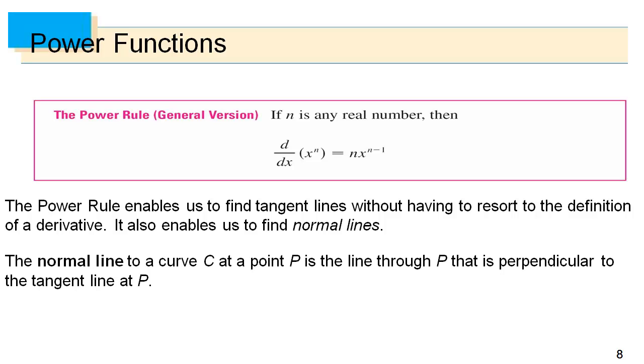If you've never heard of a normal line before, a normal line to a curve is just a line that goes through the point P. So you always talk about a normal line to a curve at a particular point. So at some point P, the tangent line, of course, touches in one spot and has that tangent property to it. The normal line goes through that same singular point P, but it's perpendicular to the tangent line.